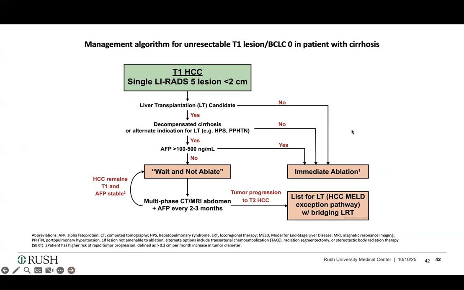So this is just the simplified algorithm for unresectable cancer, that if you have a person who is not a liver transplant candidate, you're still going to do ablative therapy if it's not outside the liver. And in a person who's decompensated, here really their synthetic function, their liver function may not allow them to undergo local regional therapy, but sometimes systemic therapy is still an option if they have somewhat preserved hepatic function.